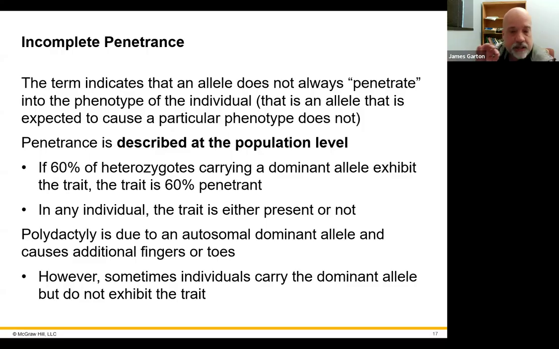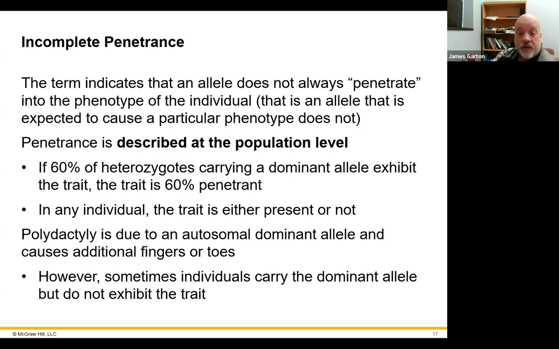Now, again, polydactyly is due to a dominant allele on one of the autosomes, and it causes more digits on a hand or foot. And so, usually, if you're heterozygous for that gene, you have more than 5 fingers or toes on a hand or foot.